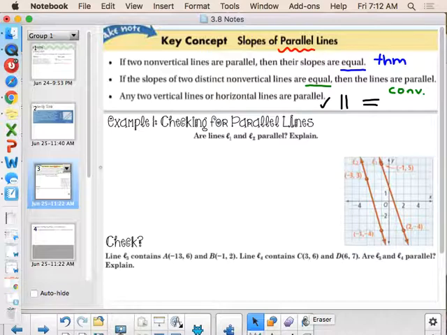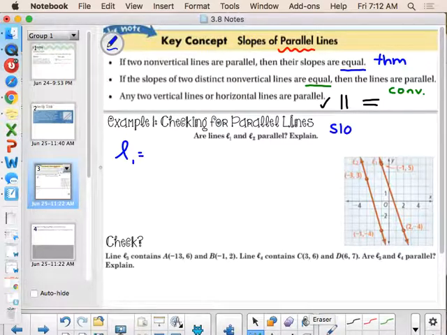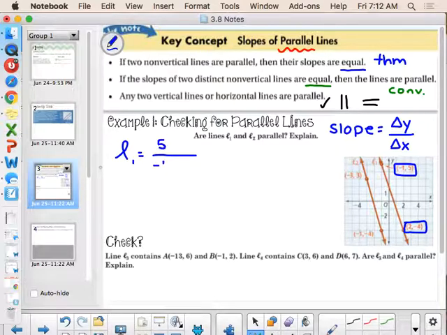In our first example, our job is to figure out if line 1 and line 2 are parallel. In order to determine this, we need to look at the slopes for both lines. So let's first look at the slope for line 1. Slope is equal to the change in y values divided by the change in x values. Two coordinates contained in line 1 are (-1, 5) and (2, -4). My first coordinate is (-1, 5), so it has a y value of 5 and an x value of -1.